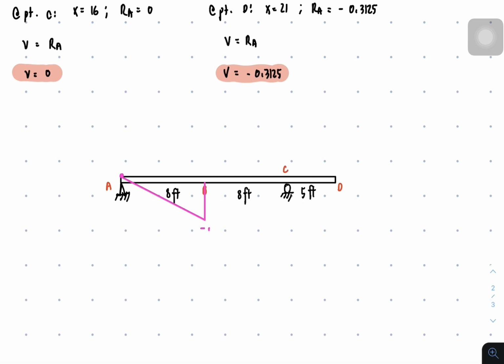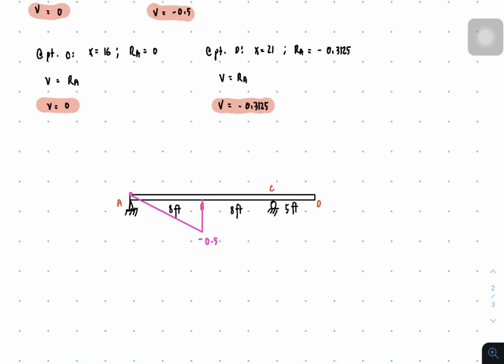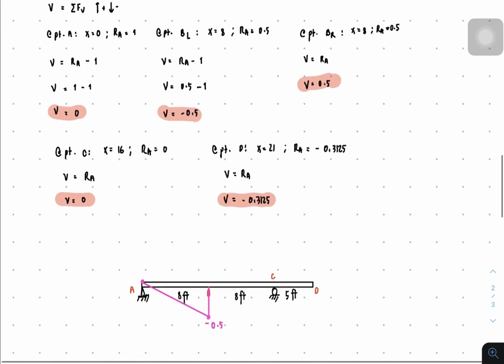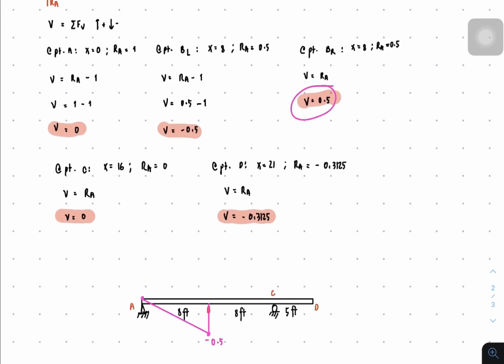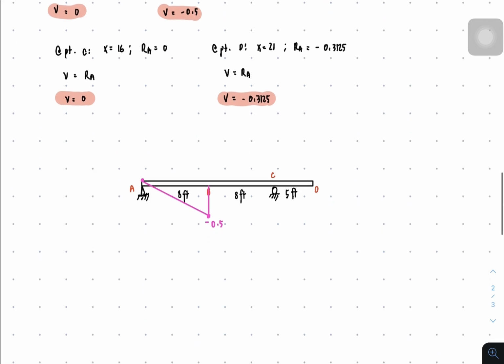So this is negative 0.5 at B, and then the next portion is at the right of B, which is positive 0.5. So positive 0.5 here. This is positive 0.5.